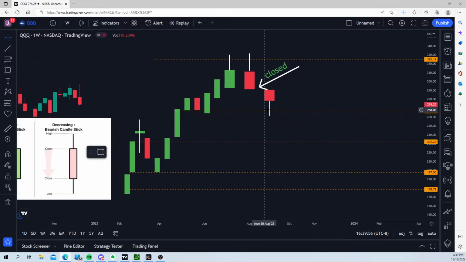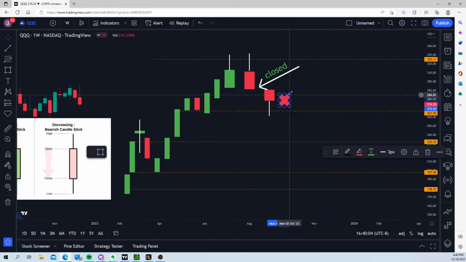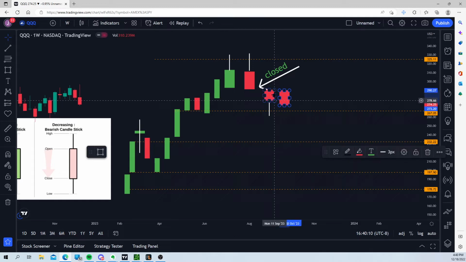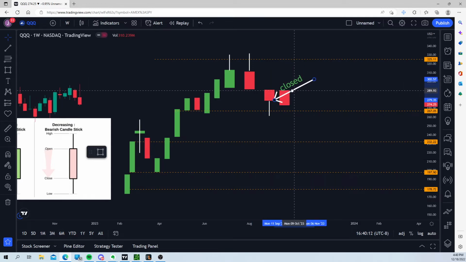So because this happens, maybe the next one will be a little bit more patient. It'll probably consolidate or maybe give you a green one, and you want to wait for price action to tell you what, because this one could come again and do this, and if it closes below where this candle closed, which is right there at 289, right above the wick.